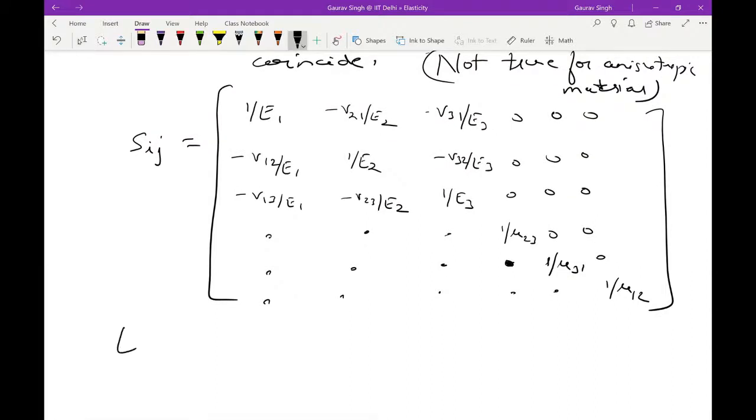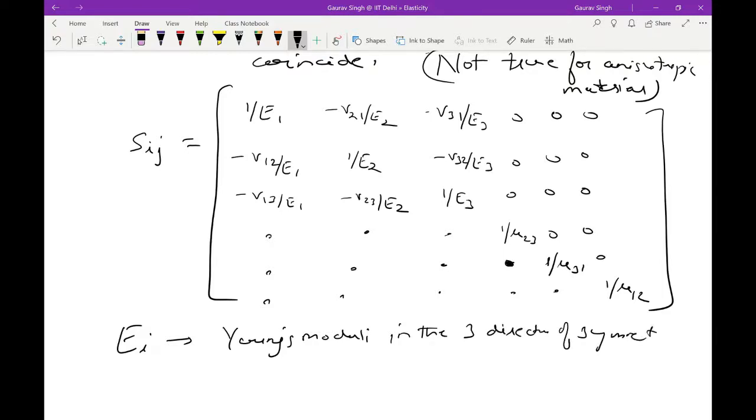Obviously, Ei are the Young's moduli in three directions of symmetry. Okay. Nu ij is the Poisson's ratio, which is defined by minus Ej by Ei for stress in the i direction.